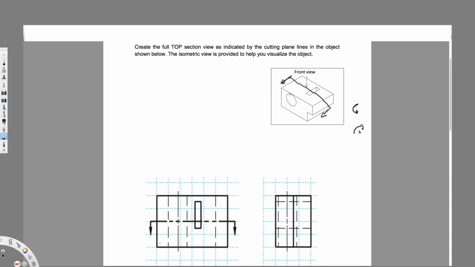If I rotate this object clockwise, this front view goes to the back side. So we can't actually consider it as a front view anymore, so we shouldn't do that. But if I rotate this object counterclockwise, this one will become the front view, and everything will become easier.